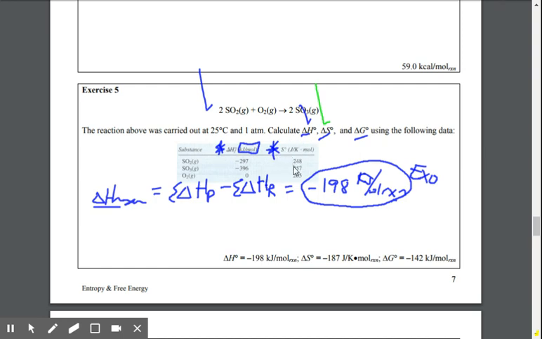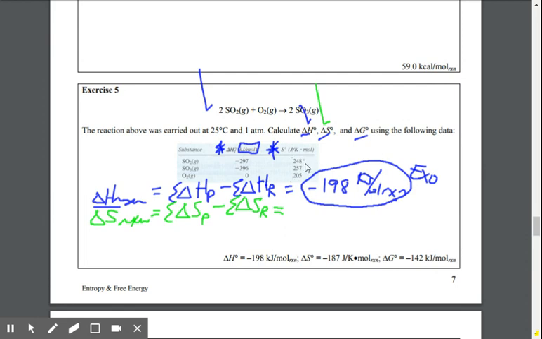I have different delta S values in my reaction, so I'm going to use Hess's law for delta S as well. So that is delta S of the reaction is equal to the sum of delta S of my products minus the sum of delta S of my reactants.